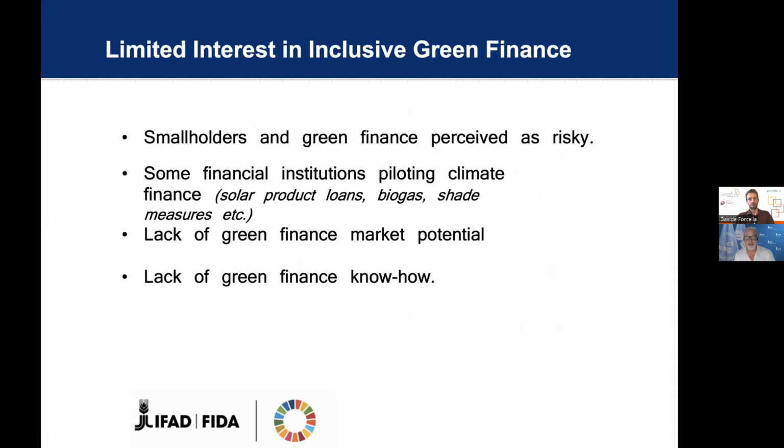Adaptation technologies lending is not always done on a recognized basis by financial institutions. As I mentioned, drip irrigation, banana pits, shade trees are all being financed by financial institutions through asset loans to smallholders. Now, there's also a lack of green finance market potential, or at least that's the perception. But like all new markets, there is substantial potential.